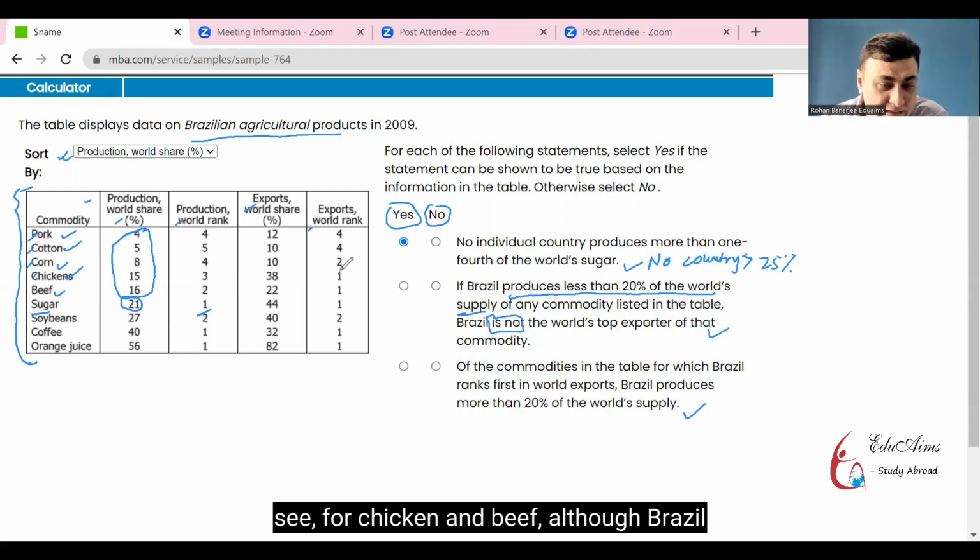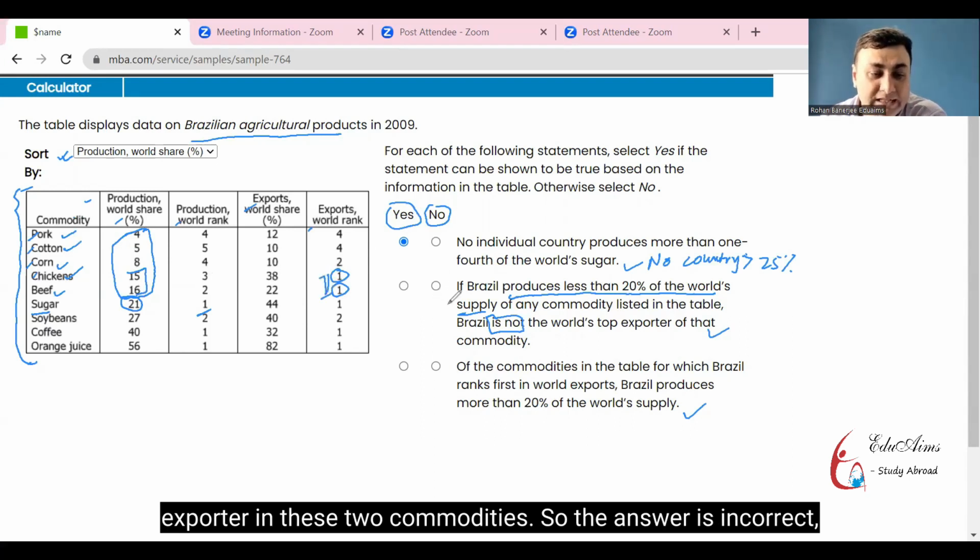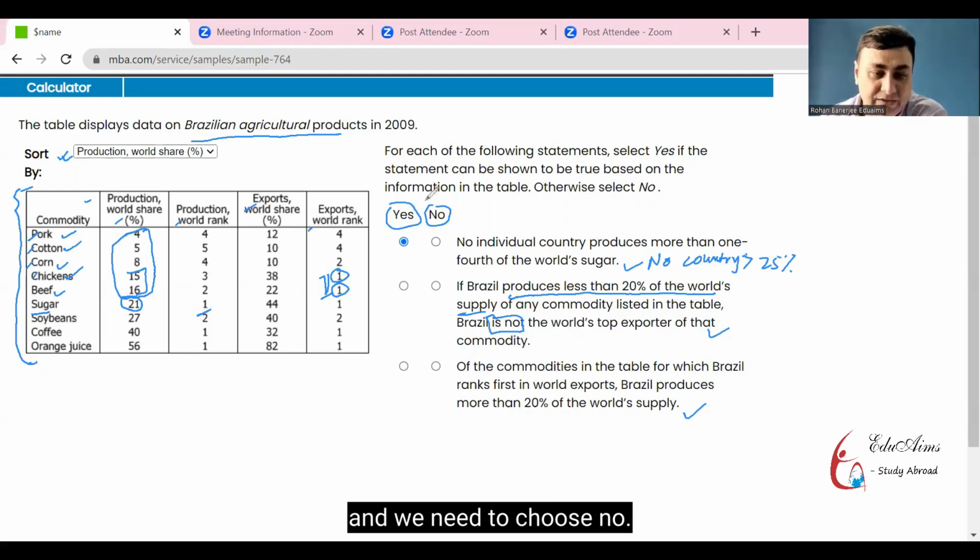But you see, for chicken and beef, although Brazil produces less than 20%, it is still the number 1 exporter in these 2 commodities. So the answer is incorrect, and we need to choose no.